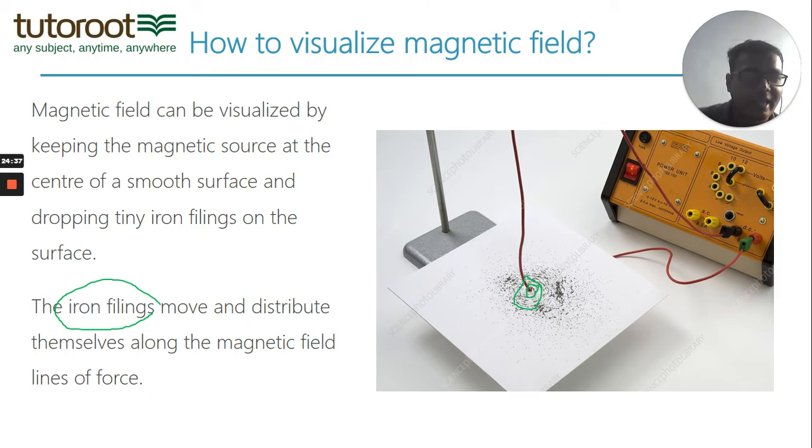Iron filings get attracted by what? Magnetic force. So if the magnetic force is running in a straight line, all the iron filings will also look as if going in a straight line. But if the magnetic fields are circular in nature, then obviously the iron filings will also distribute circularly. So as we saw that the straight current wire has magnetic field in circular directions, similarly the iron filings show the same story.